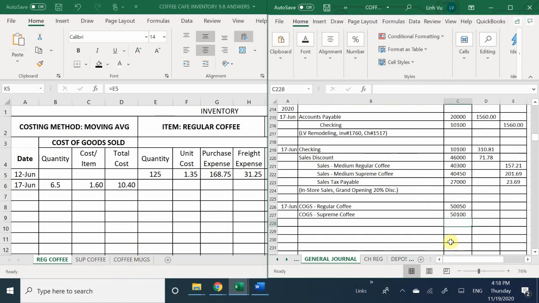So I'm going to journalize my debit as $10.40. Now what account am I going to credit to even out my entry? It's not sales, because we didn't sell it.